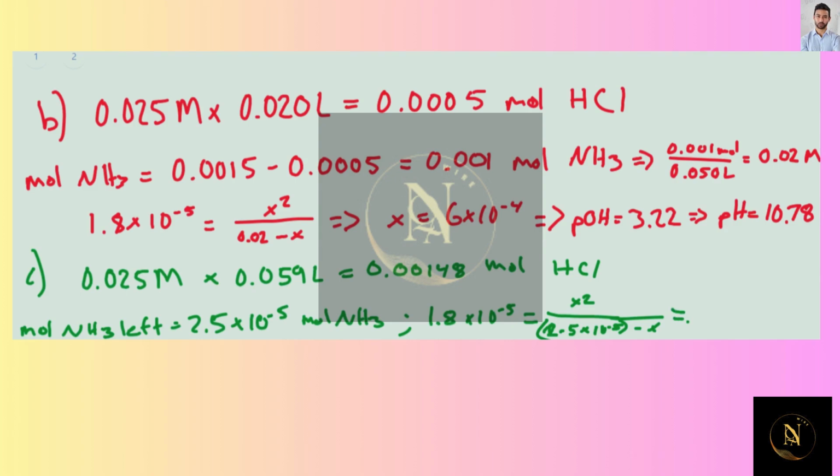And that gives us a value of x is equal to 2.12 times 10 to the minus 5, which gives a pOH equal to 4.67 and a pH equal to 9.33.